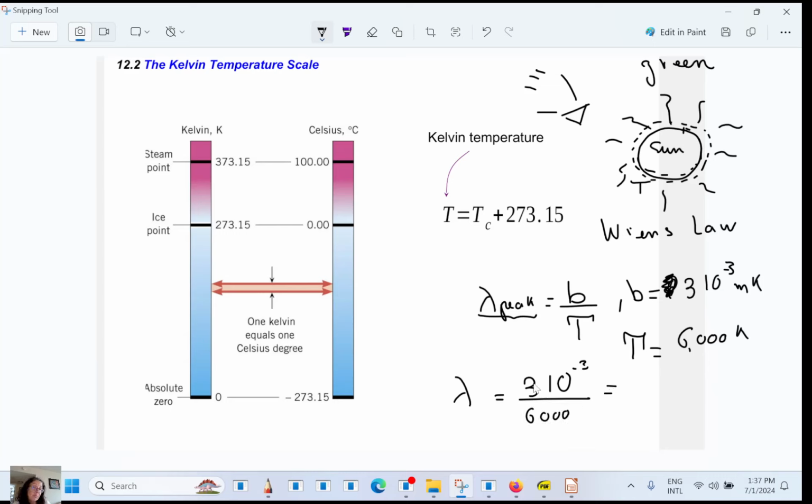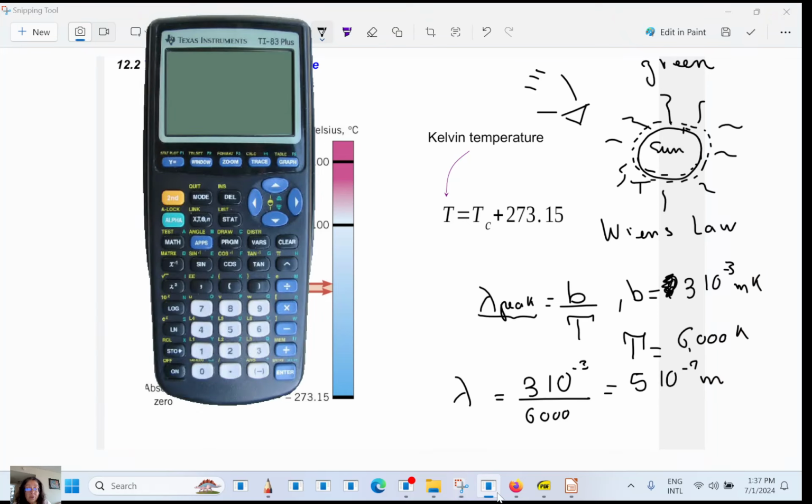Okay, so if you are good at math, you see 3 divided by 6 is 0.5. So 0.5 times 10 to the negative 3 divided by 1,000 is going to be 5 times 10 to the negative 7 meters. Otherwise, you can use your TI, 3 times 10 to the negative 3, divide by 6,000, it's going to be 5 times 10 to the negative 7, so it's a review of scientific notation.